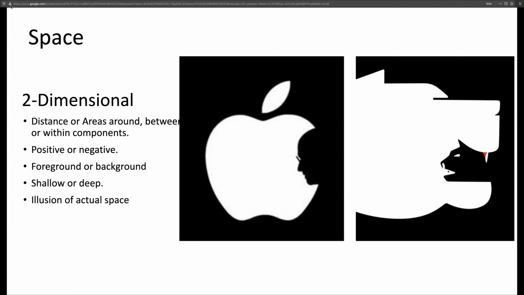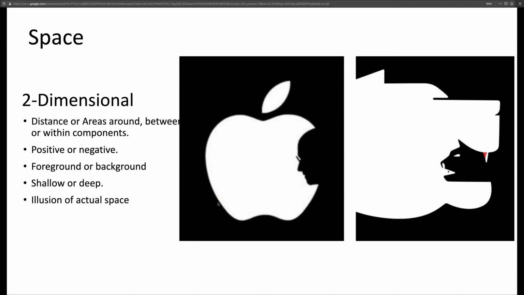Space. And this is a long one. This is one that we could talk about for weeks and weeks and weeks. So with two-dimensional design, what we're talking about is the distance and areas around, between, or within components. We talk about positive and negative. Positive space being the thing, the foreground, and the negative being the background.